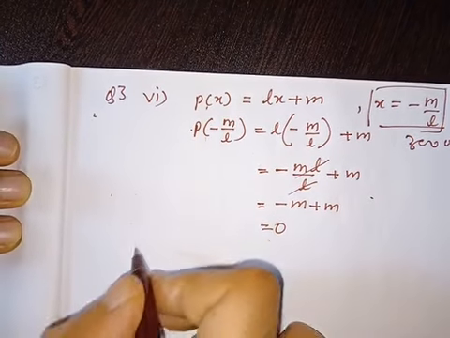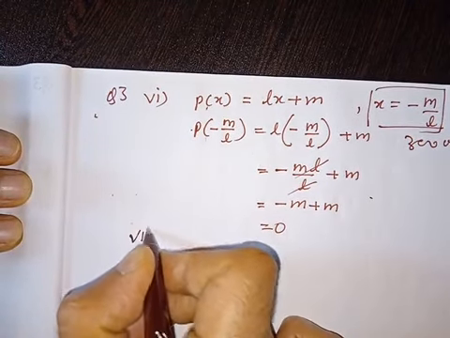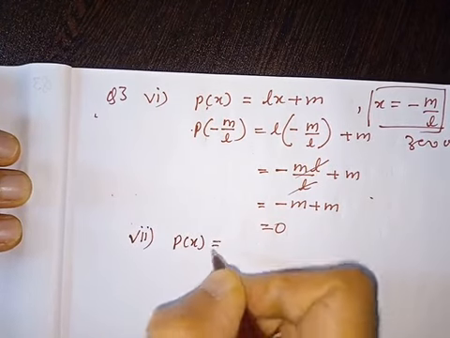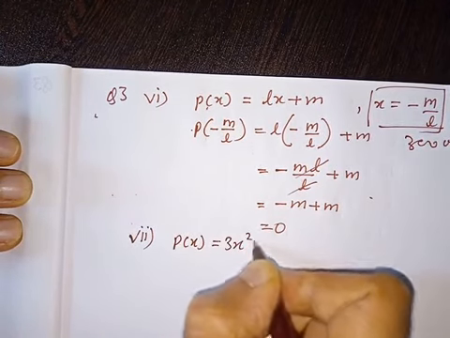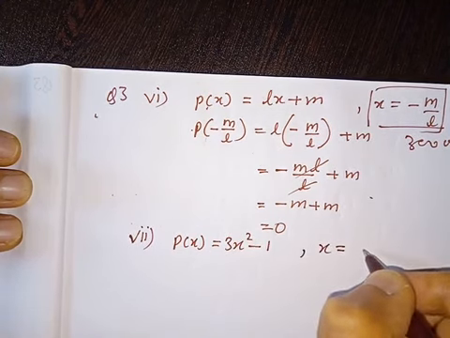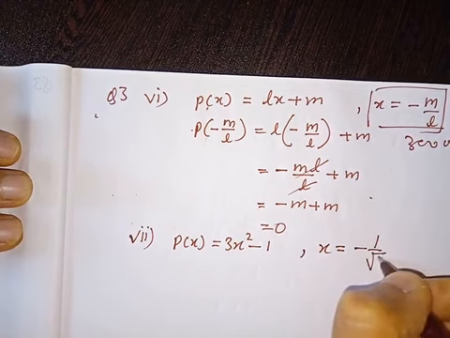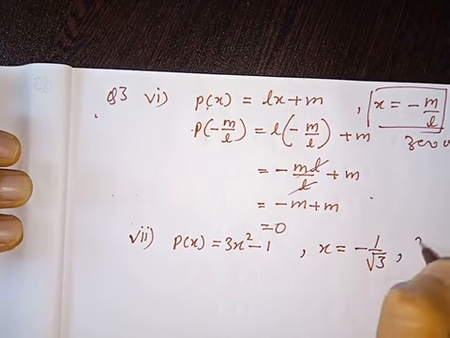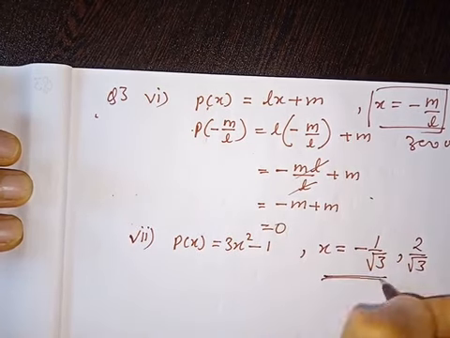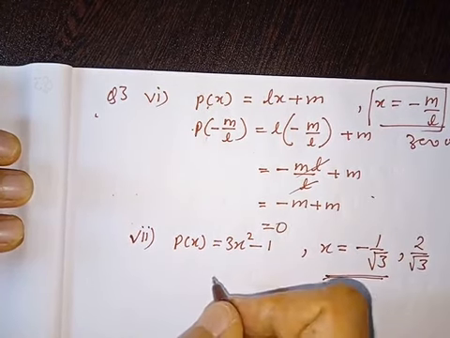Now let us see one more example, that is the seventh, and the polynomial given to you is 3x squared minus 1, and we have to check it for x equals minus 1 upon square root of 3 and 2 upon square root of 3. So first we will be using x equals minus 1 by root 3.